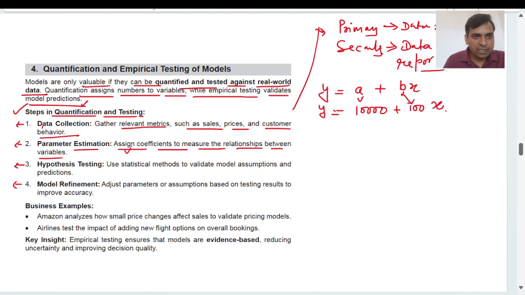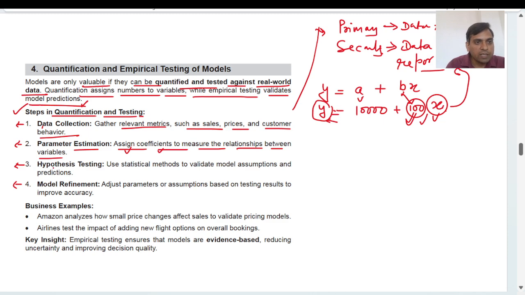Now in this case, we assign coefficients to measure the relationship between variables. There are two types of variables: one is the dependent variable and the second is the independent variable. The impact of the independent variable on the dependent variable comes through the multiplication by this 100. So we need to fix these coefficients also, and these coefficients are based on available data. That's why data collection is important, to fix the coefficients of variables.